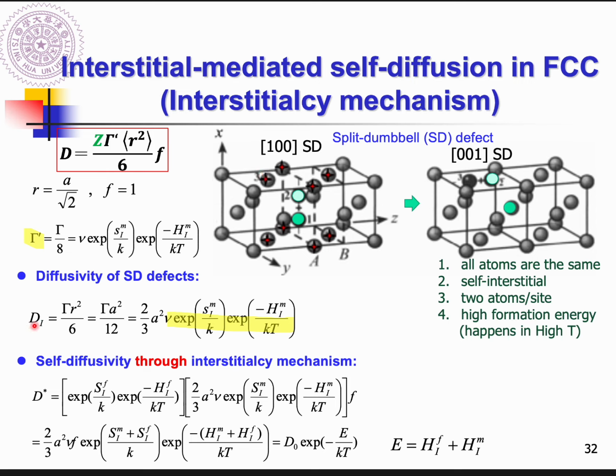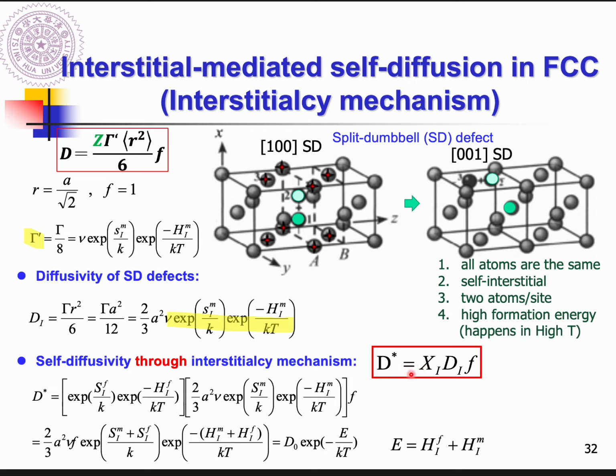But don't forget, the diffusion is not just due to the diffusing atom; there is a self-interstitial defect nearby the diffusing atom. Our target is to calculate the self-diffusivity through the interstitial mechanism, so it equals Xi times Di times the correlation factor f.